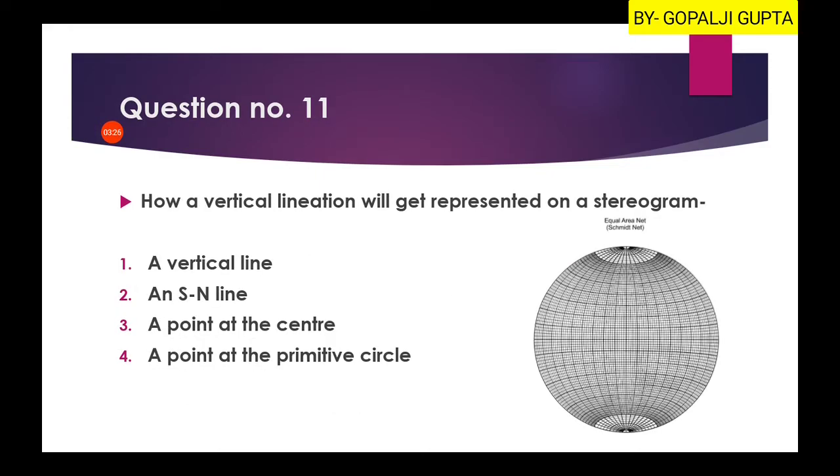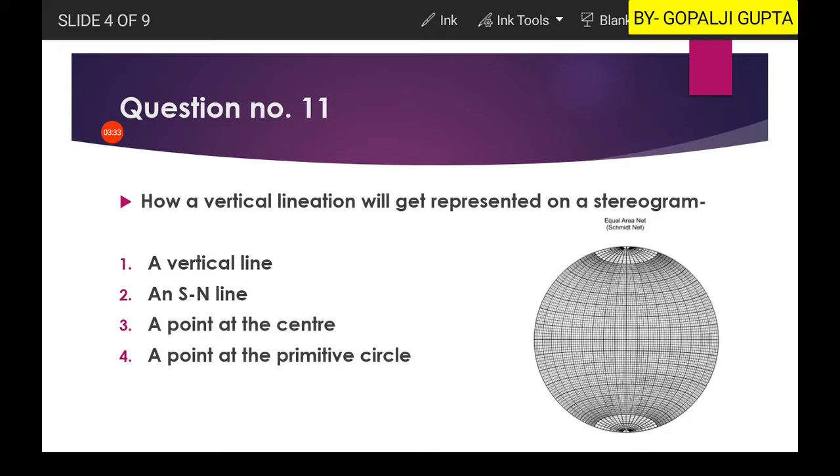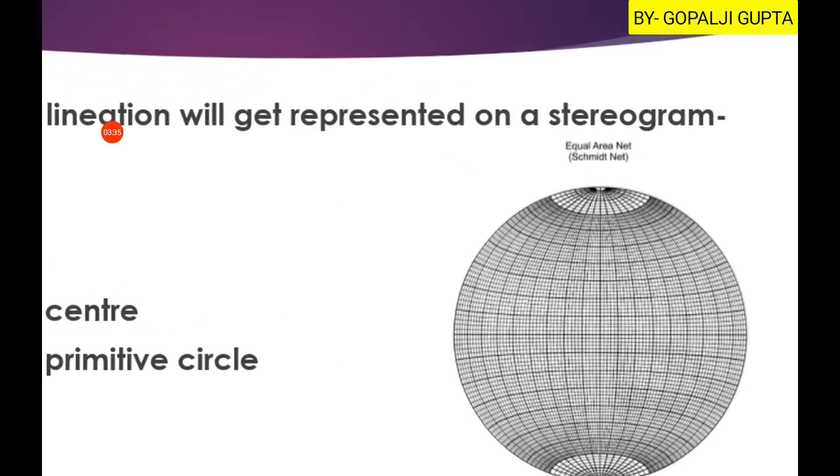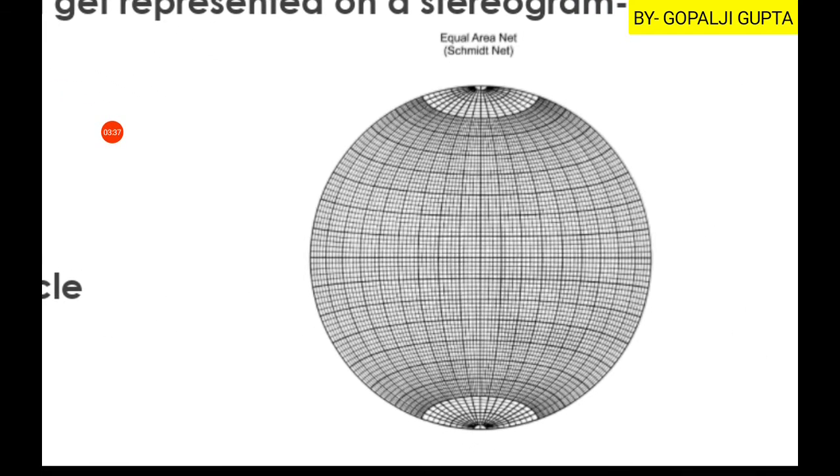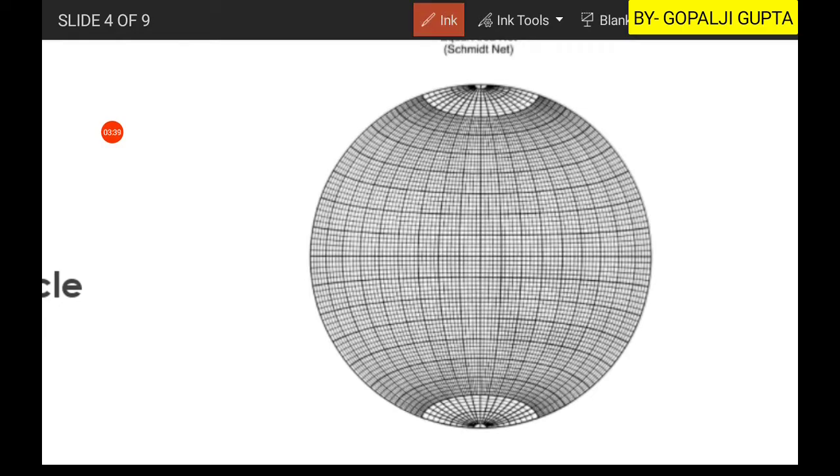Now the next question is, how a vertical lineation will get represented on a stereogram. So here I have shown a stereonet, and if you plot any line, definitely it will be plotted as a point. So this is our center, which I have marked in black color.